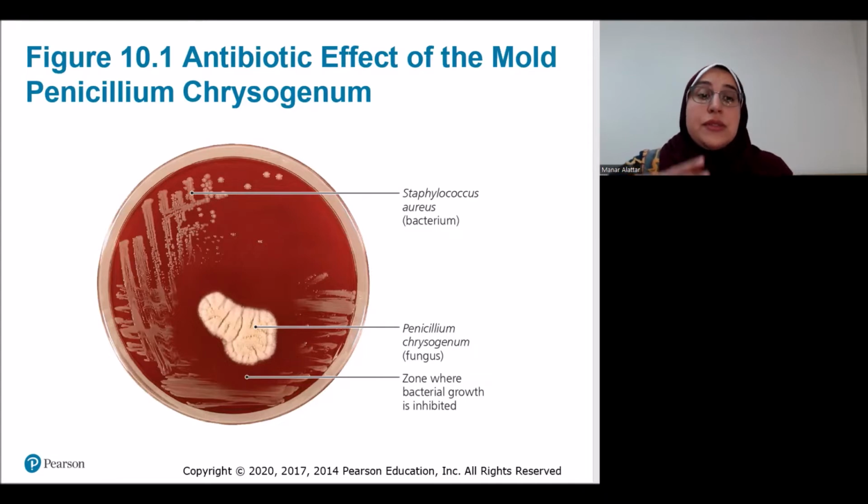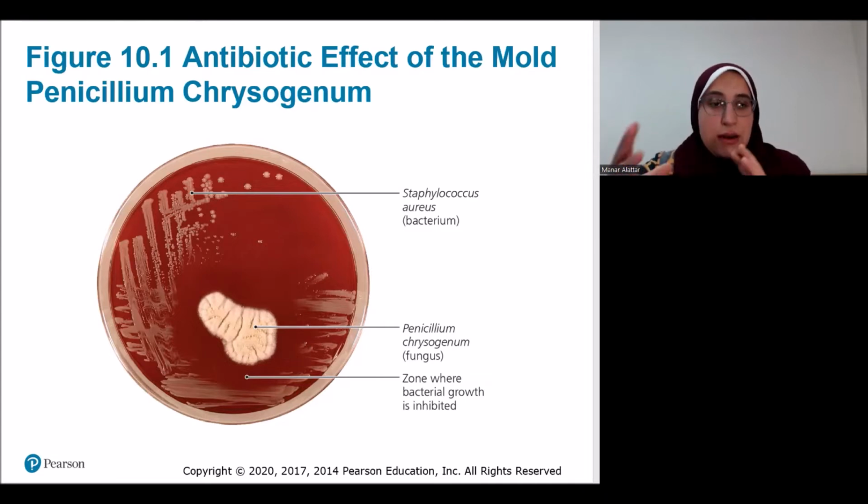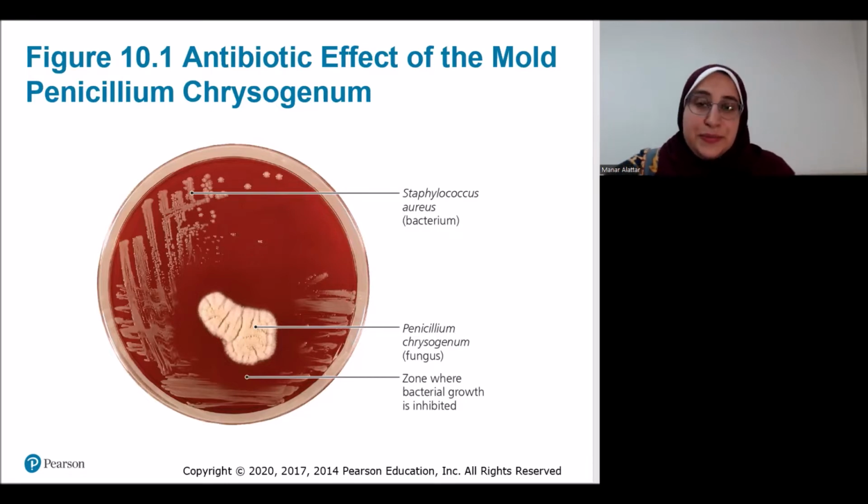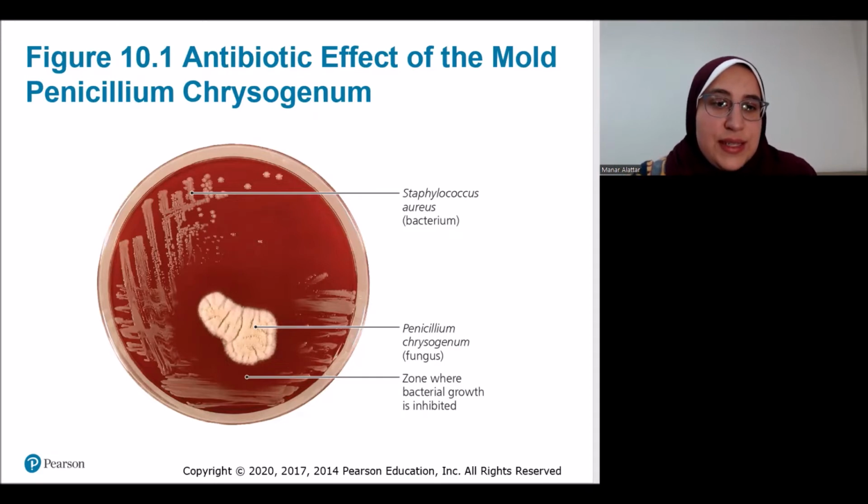Or we can actually produce synthetic analogs, analog being a similar chemical that has a similar impact, but is completely synthetic and lab-made. And then those different antibiotics can be used to control microbial infections in us as human beings, right? And so a lot of these different antibiotics that we'll discuss will come from these natural sources or be modified off of natural sources.